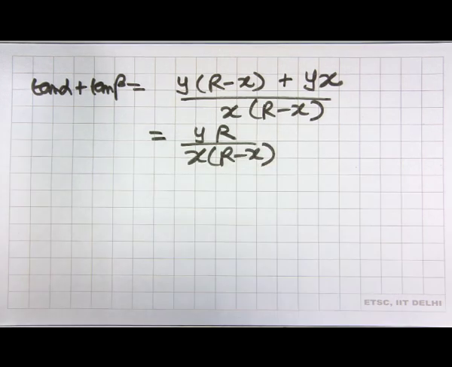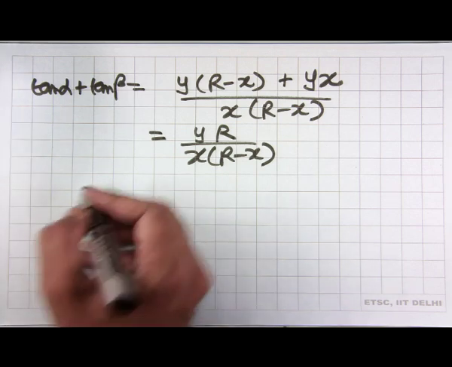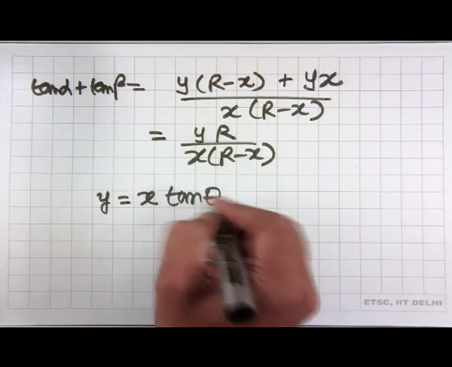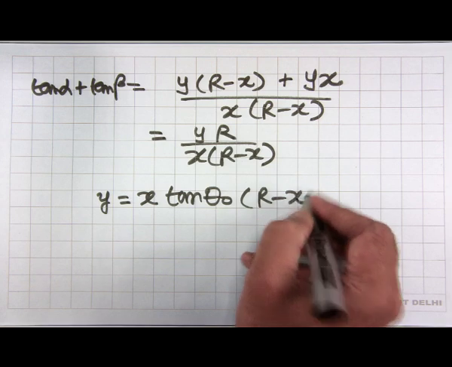And if we look at the general expression for y, what we had got just now was y is equal to x times tangent theta 0 times r minus x by r.